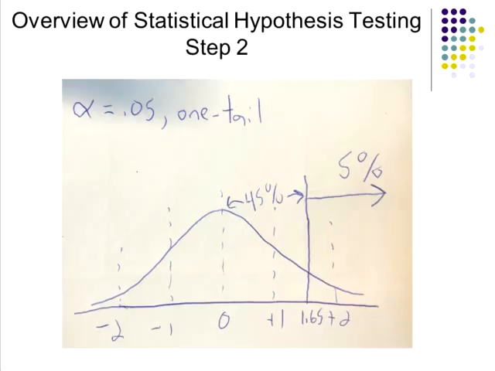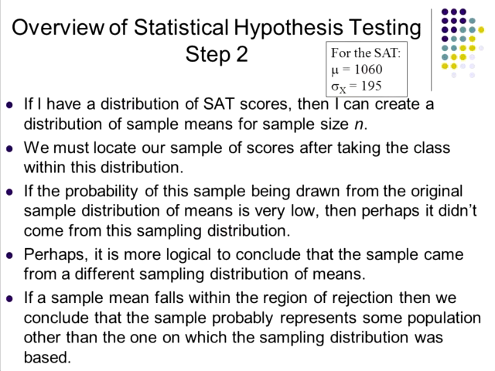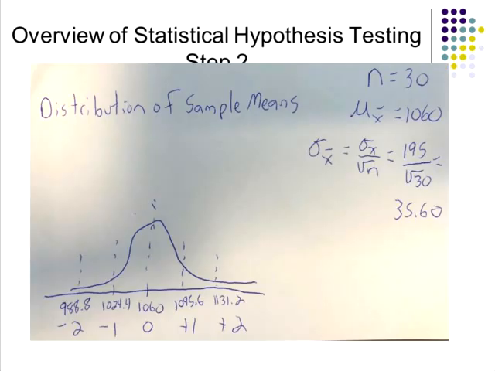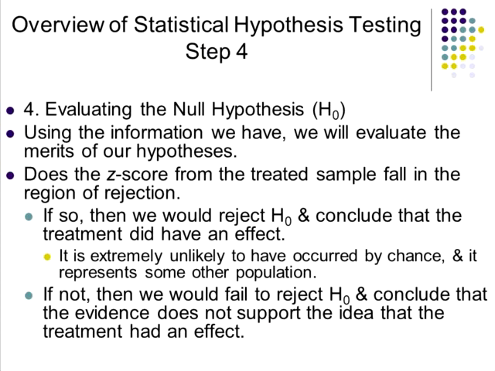So going back to our example, the mu was 1060 with a sigma of 195. We have already calculated the standard error of the mean is 35.6. So we have the numbers necessary. You need to create z equals sample mean minus mu over standard error.